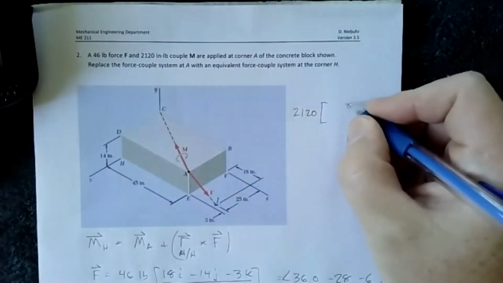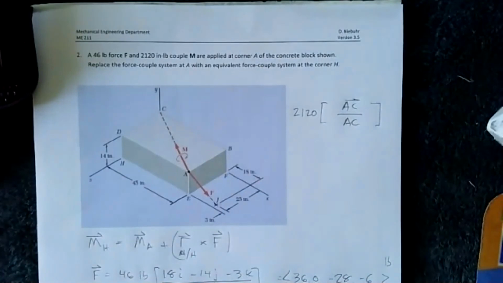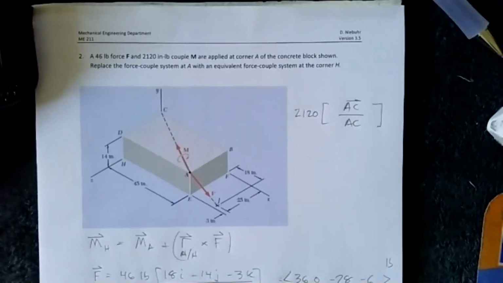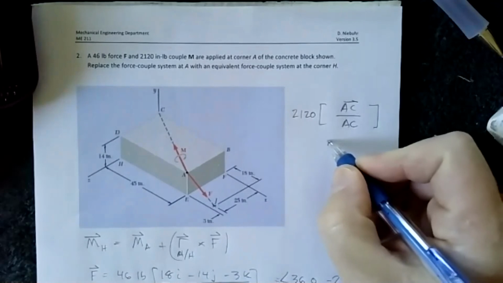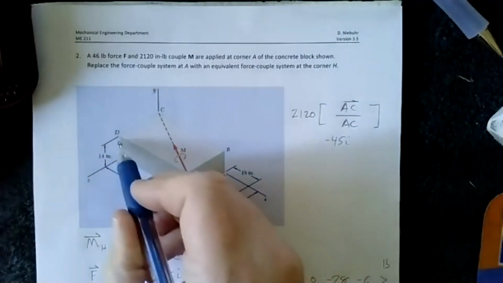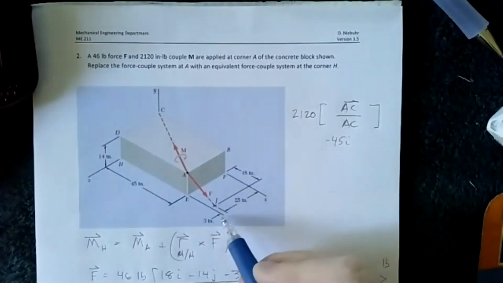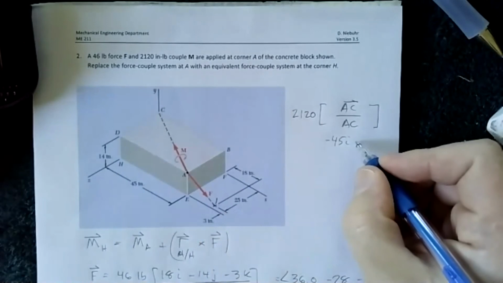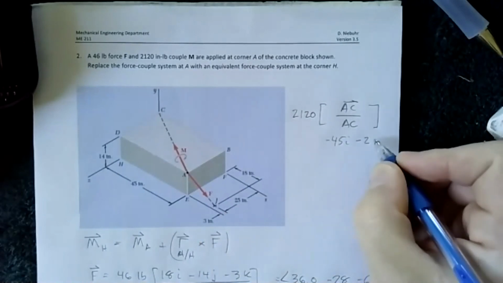So that's just going to be AC over AC, isn't it? So we need the 2120 times AC. So what's AC going to be? It's going to be negative 45I, right? Because we got to go back here, and we're going to go that way. So that way is 25 plus that little 3. So it's going to be minus 28K.